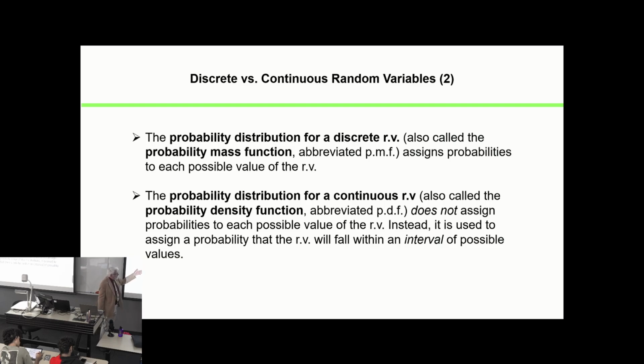Instead, it's used to assign a probability that the random variable will fall within an interval of possible values. So, again, we're going to try to bring this in an intuitive way.